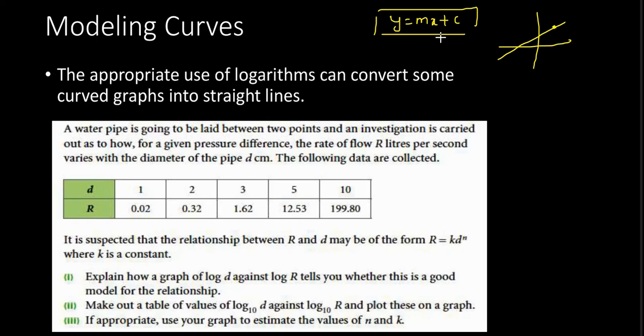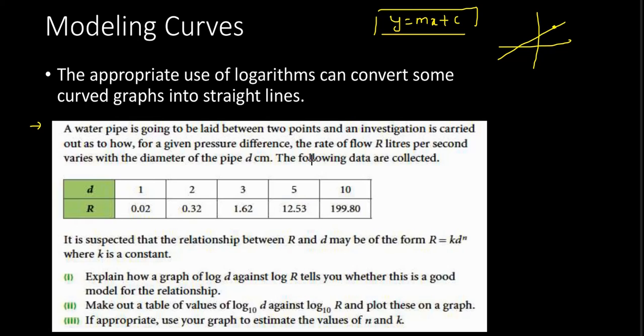So how can logarithms convert some curved graphs into straight lines? Let us see. There is an example: a water pipe is going to be laid between 2 points, and an investigation is carried out as to how, for a given pressure difference, the rate of flow R liters per second varies with the diameter of the pipe d centimeters.